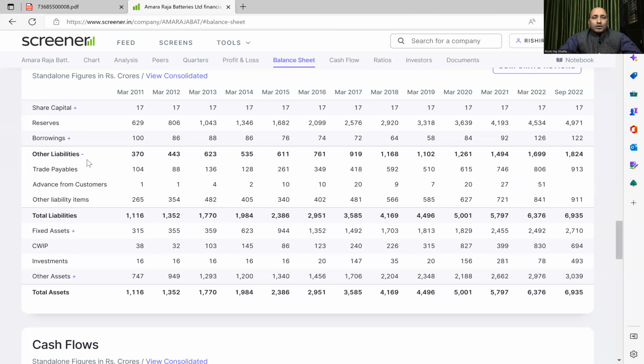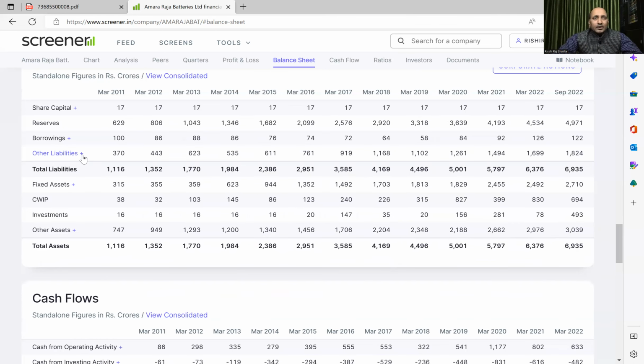That will come under advance from customer. Now other liability items, whatever is taken for any other reason, will come under other liability, apart from trade and advance. So these are the different types of liabilities.